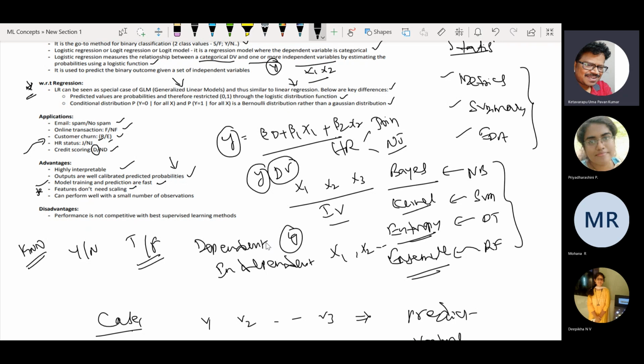But practically, guys, no matter whether I'm using logistic or decision tree or whichever classification technique, we definitely prefer to engineer the features, because all features may not be suitable for our algorithm. In that case, missing value imputation, encoding techniques, and feature engineering, which we have seen in the earlier sessions, like standardization, normalization, all these things. And it can perform well with a small number of observations.